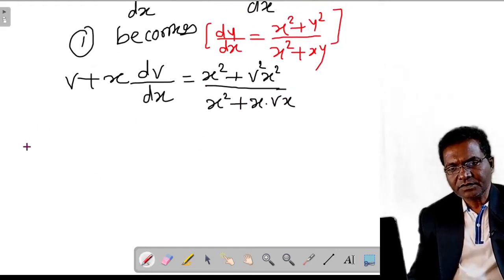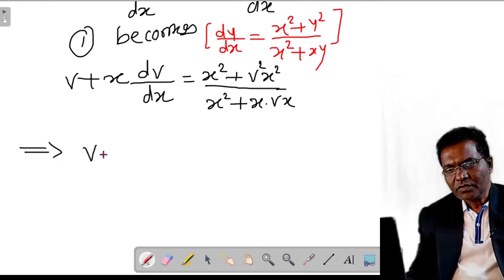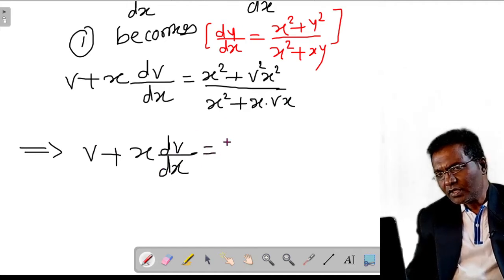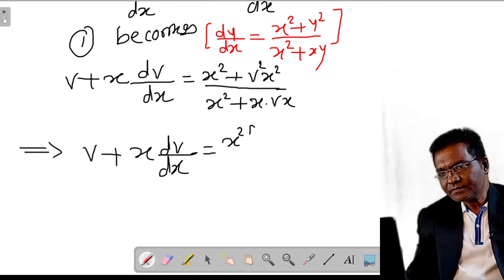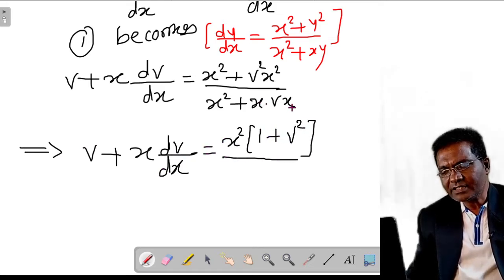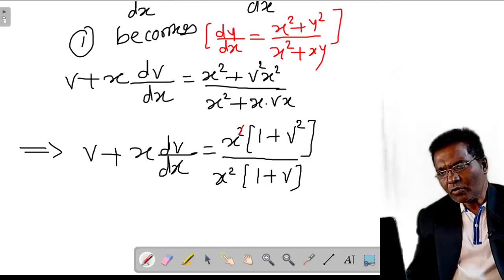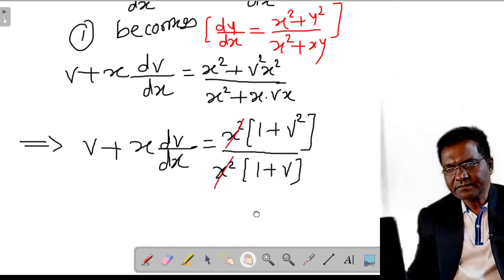Simple. v plus x dv by dx. Now x square common, you will get 1 plus v square. Similarly in the denominator, x into x square, so x square common, 1 plus v you will get. Okay, always x square cancels.